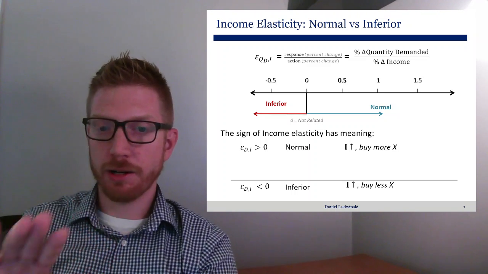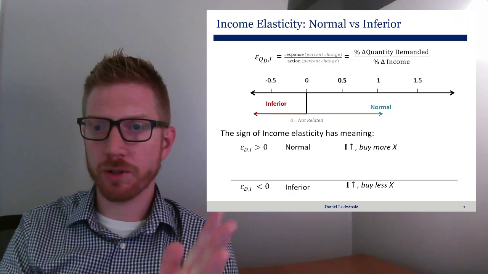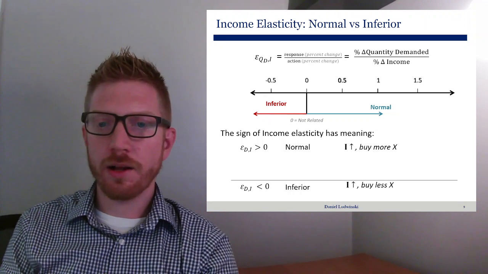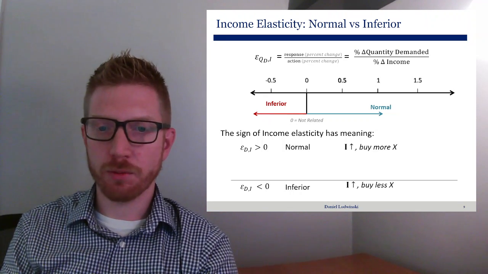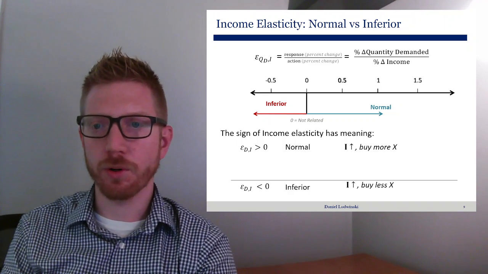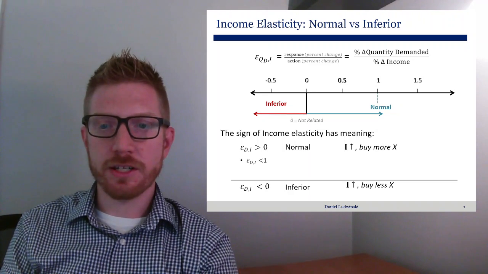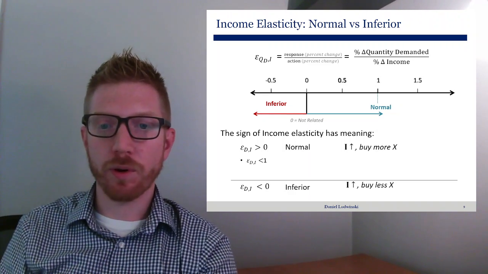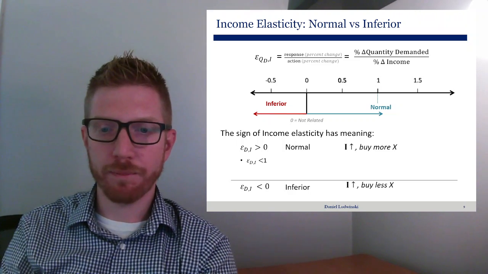Some textbooks make a further distinction, and I want to introduce this as well, between 2 types of normal goods, so subtypes of normal. And this is made around the point where elasticity hits 1.